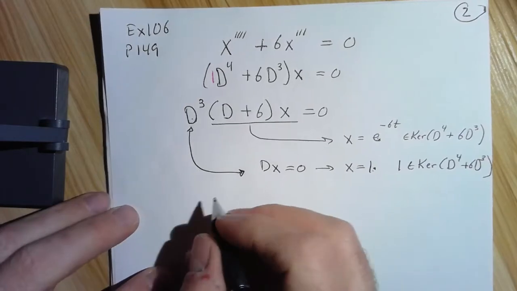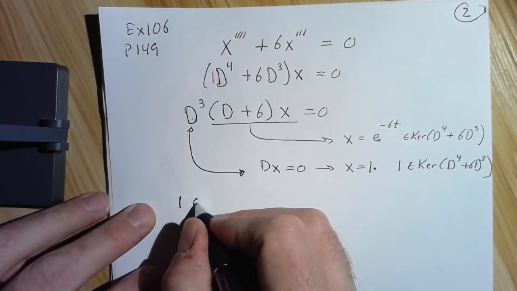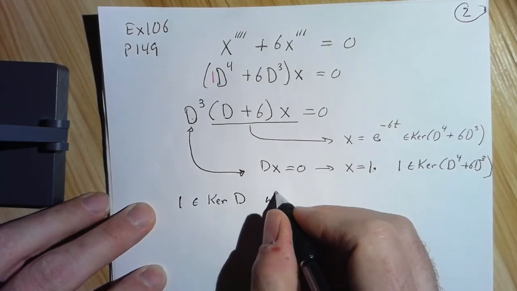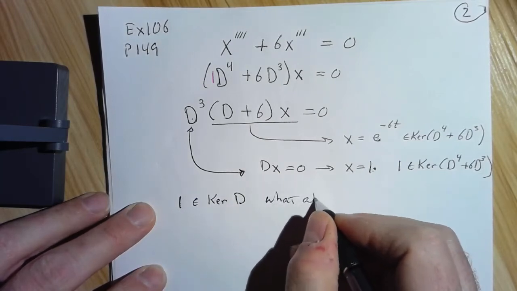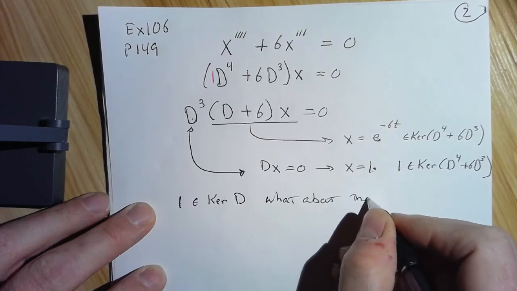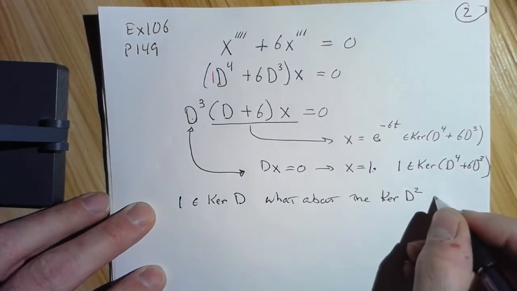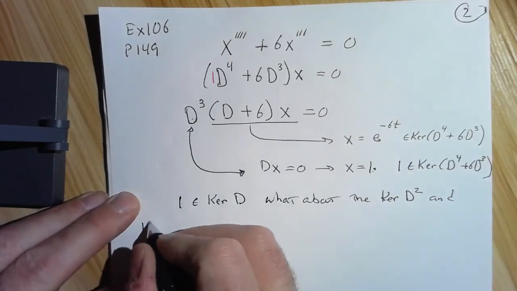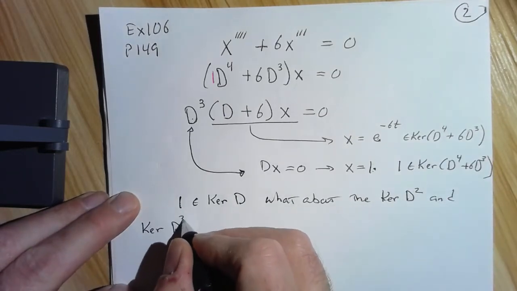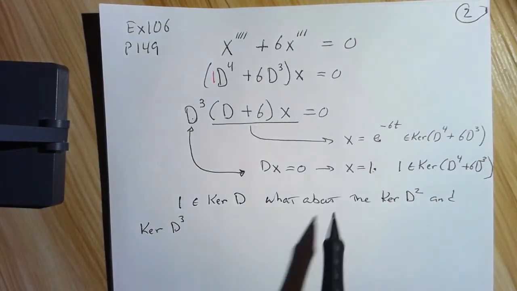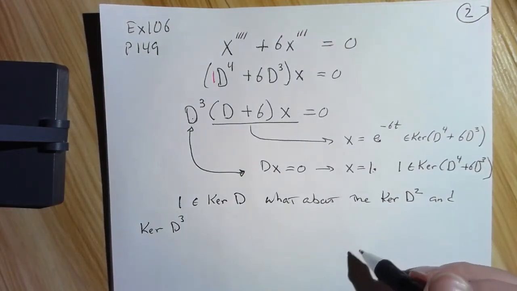So 1 is in the kernel of D. But what about the kernel of D squared and the kernel of D cubed? Now these might be a little easier for you to see. In hindsight, maybe I should have led with this.